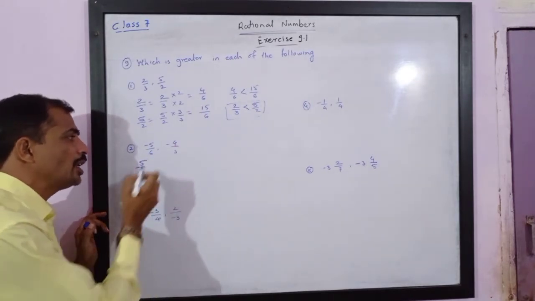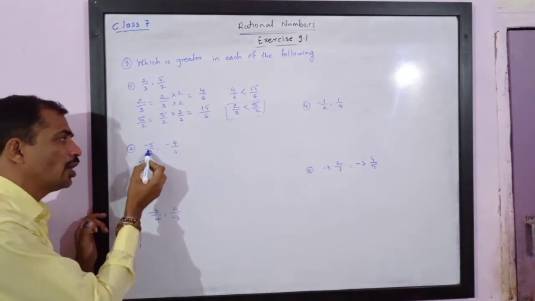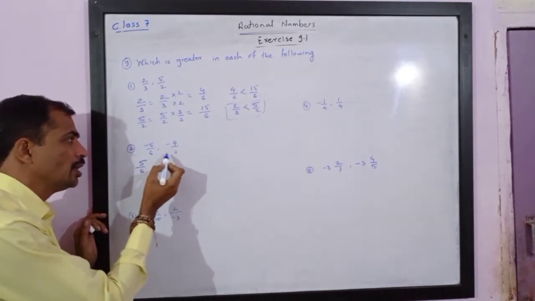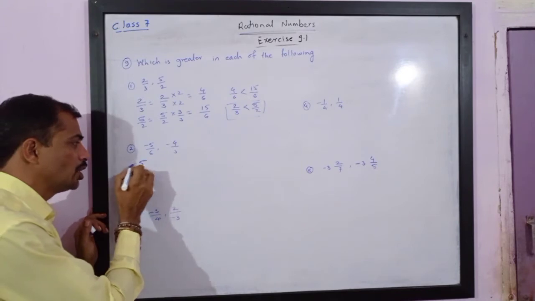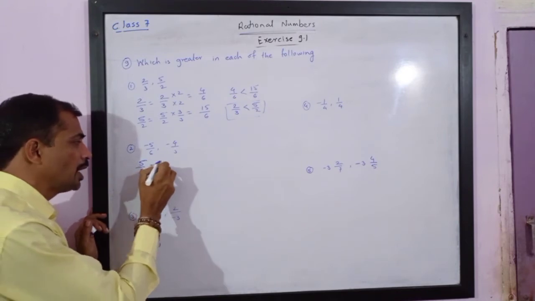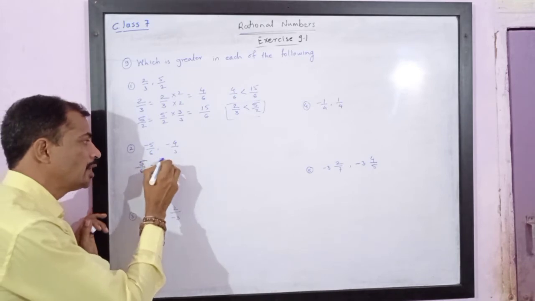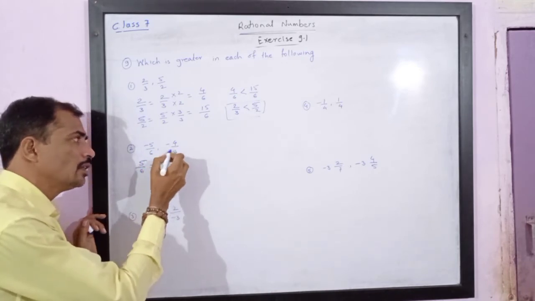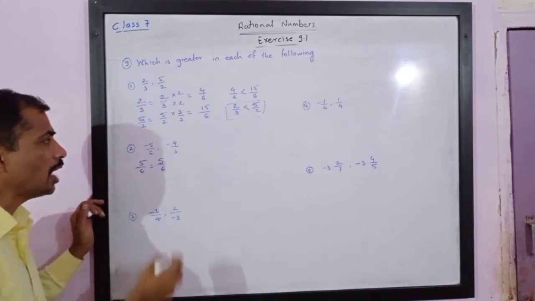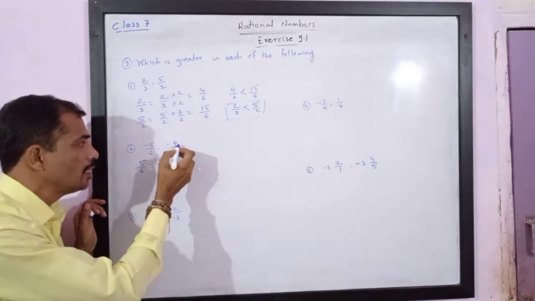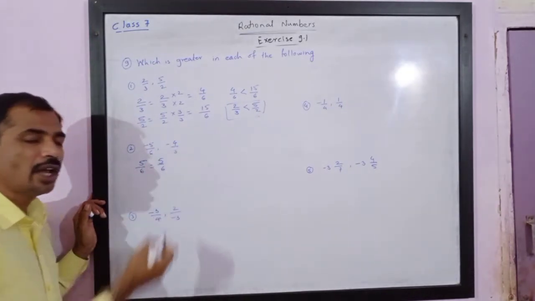Please note, denominators are different. Here, in order to make the denominators the same, the first fraction can be kept as it is. So this 5 upon 6, we will keep as 5 upon 6. And in order to obtain the 6 at the denominator, we can multiply only the other rational number by 2 in order to get the denominator 6.